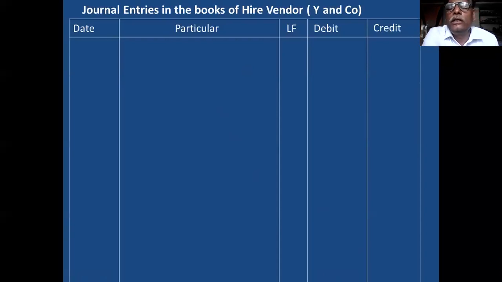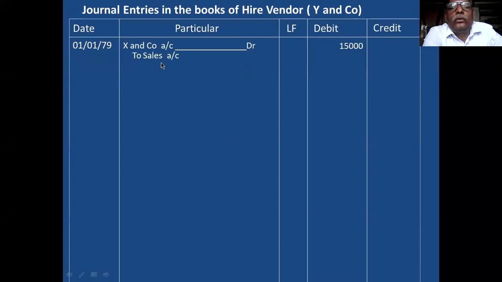The first entry is for selling the goods, on the date of sale. Date of sale is 1/1/879. Okay, so for sale of goods, X company account debtor to sales. 15,000 is the cash price. 15,000 is the sale. You take the cash price as sale.